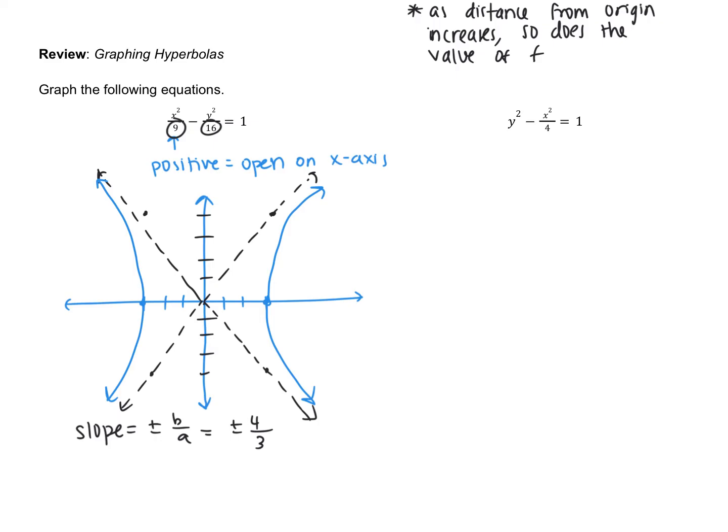Okay, so we're going to do one more, and you see it to the right. So this one opens up on the y-axis, because y is positive, to find our slope, plus or minus the value from y, then the value from x.